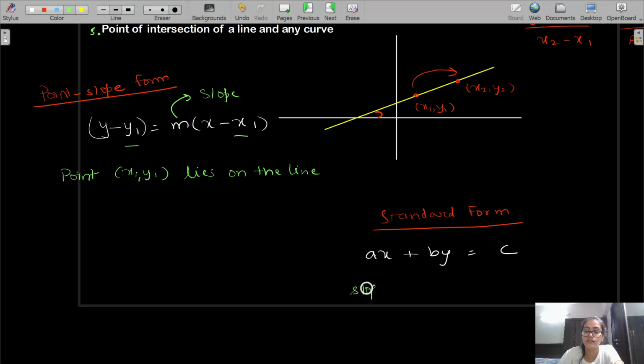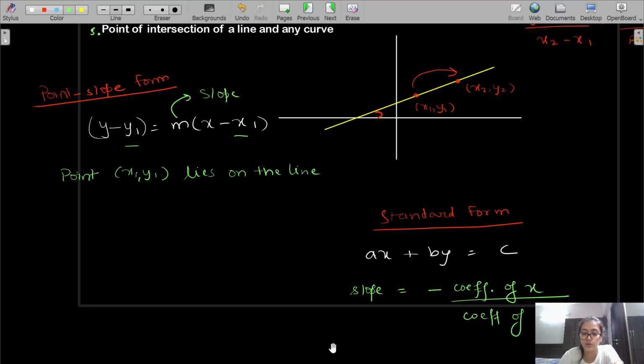If the equation is given in the standard form, you can find the slope by negative coefficient of x over coefficient of y.